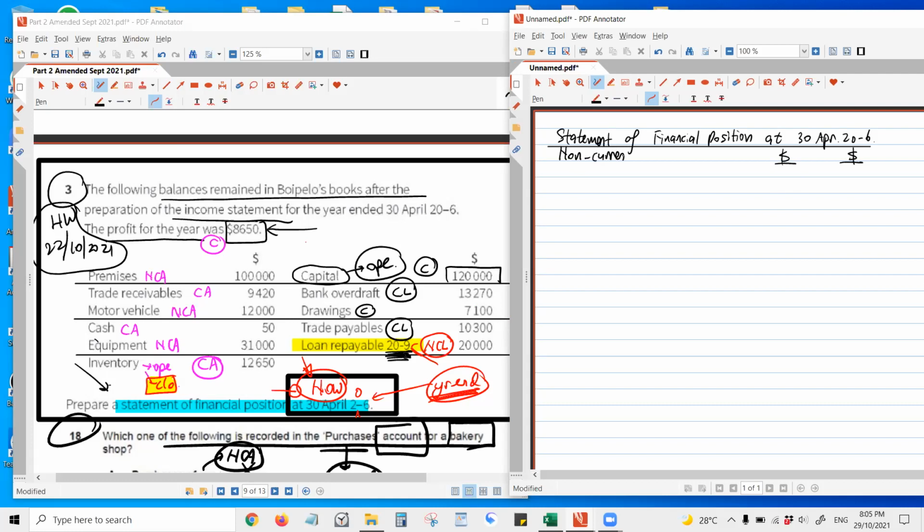The asset section, right? Non-current assets. Between NCA and CA, you must start with NCA first. So pick up all the NCA. Premises, motor vehicles, equipment.